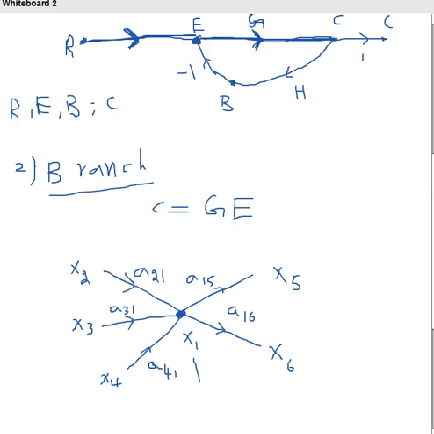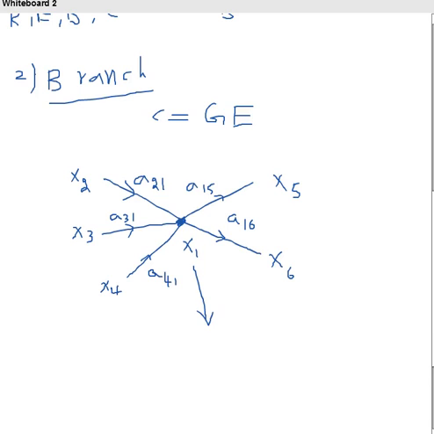So here I am considering this X1 node as a summing point and also as a transmitting point. First, for the summing point, I write X1 equals A21 X2 plus A31 X3 plus A41 X4.